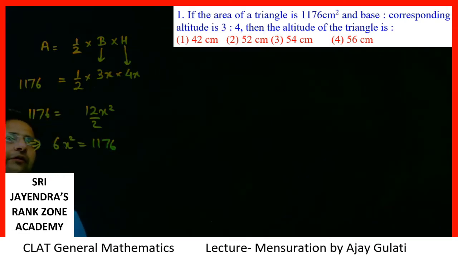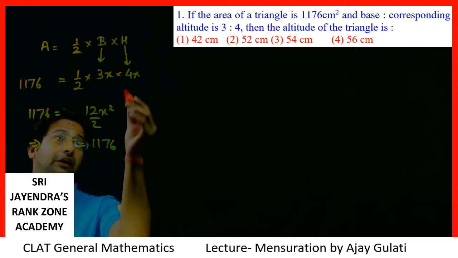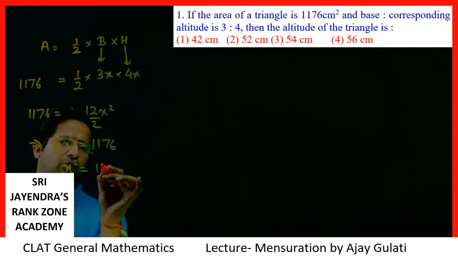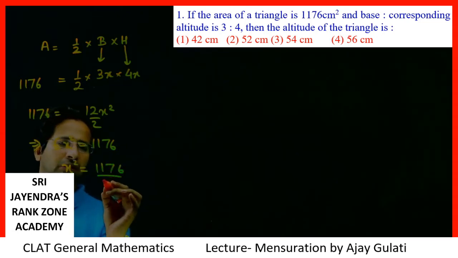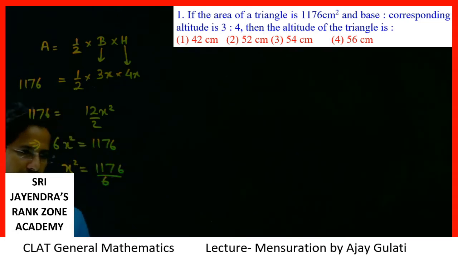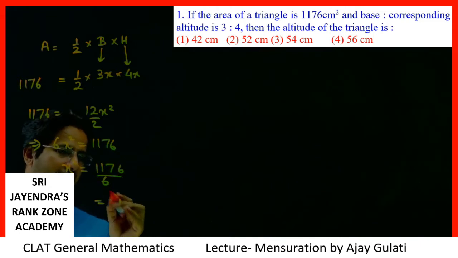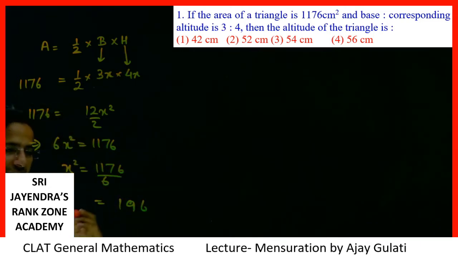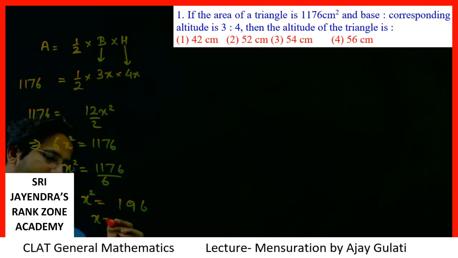Then the altitude of a triangle is, we need to find exactly. Altitude is 4x. Okay. I can say x square is equal to 1176 upon 6. Let's find it. 1176 divided by 6 is 196, or x comes out to be 14.